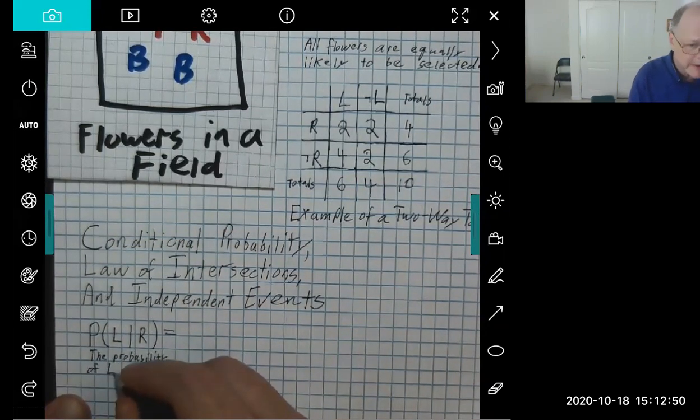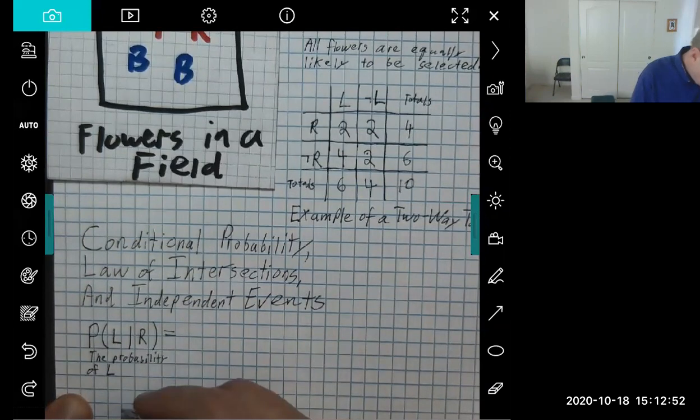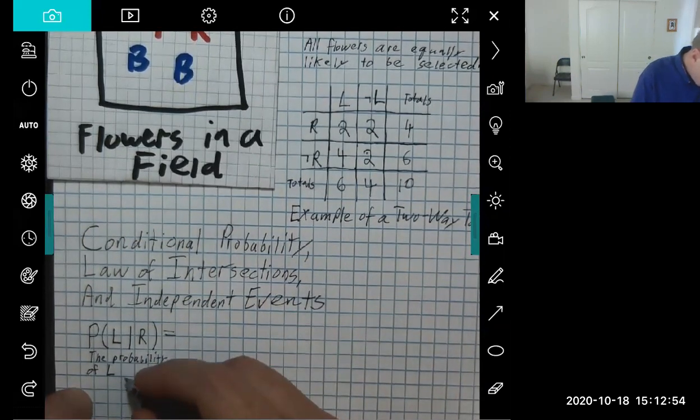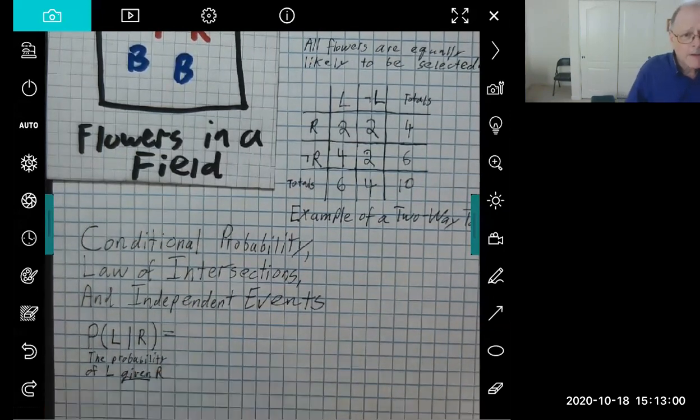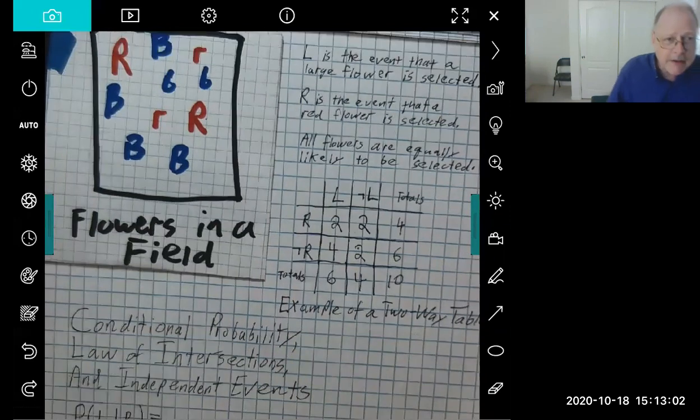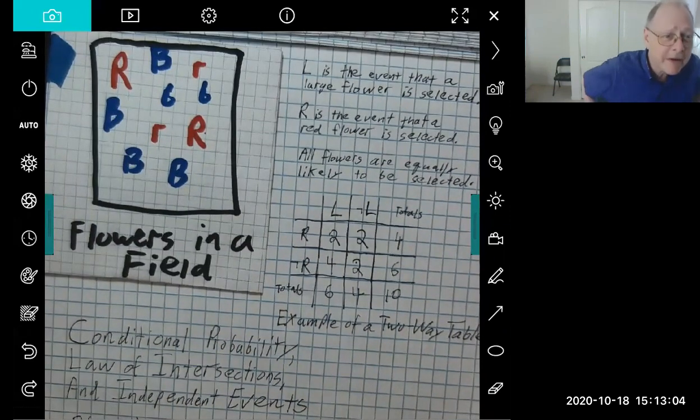Probability of L given R. So what that means is, well, imagine you wander around in the field and you get a flower, you're blindfolded, you don't know what kind of flower you got. And then I tell you, it was a red one. Now what's the probability that it's large if you're given that additional information?